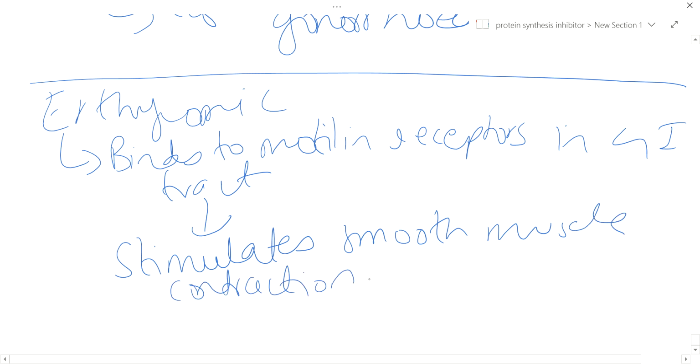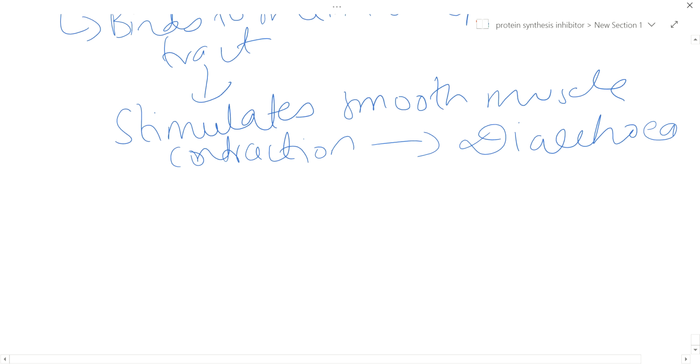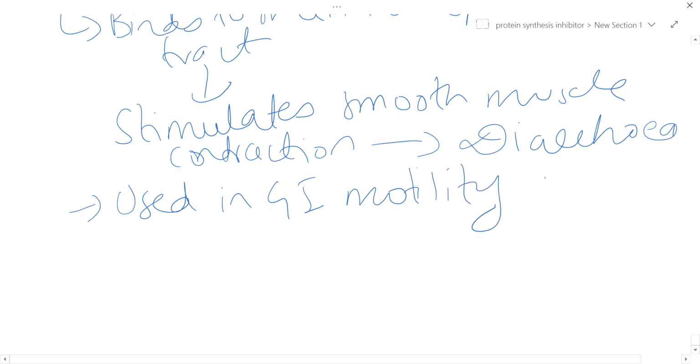This is the reason why there is diarrhea in patients taking erythromycin. And due to this, as it stimulates smooth muscle contraction, it is also used in GI motility disorders. So apart from killing pathogens, it is also used in some GI disorders. And due to this, the side effect is diarrhea.